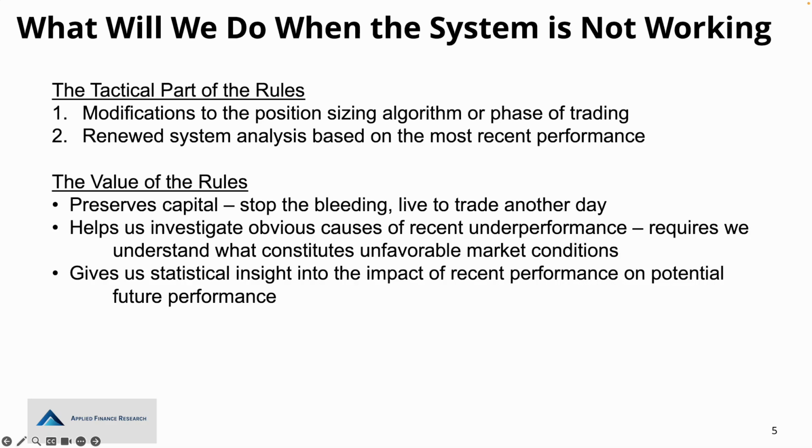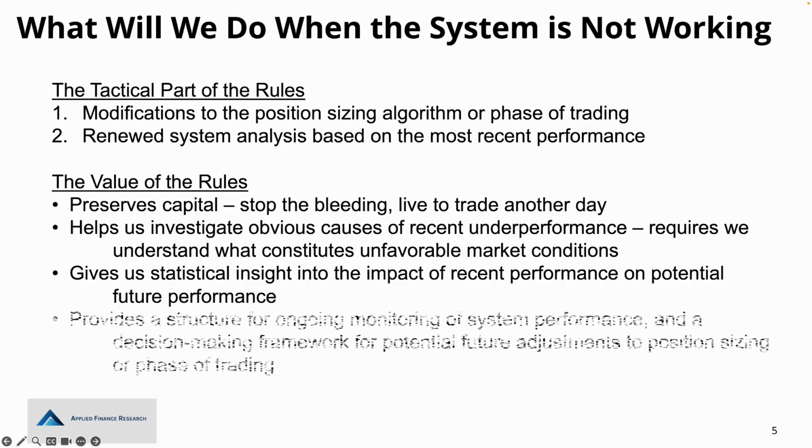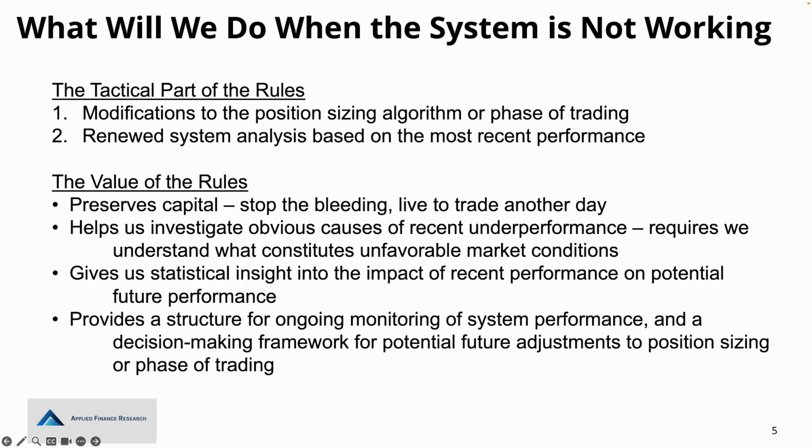So because step 2 has to do with renewed system analysis, we're getting some insight into what potential future performance could look like. And finally, all of this provides a structure for ongoing monitoring of system performance and a decision-making framework for potential future adjustments to position sizing or the phase of trading.